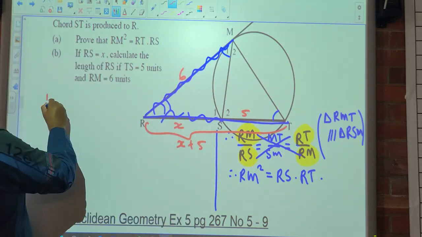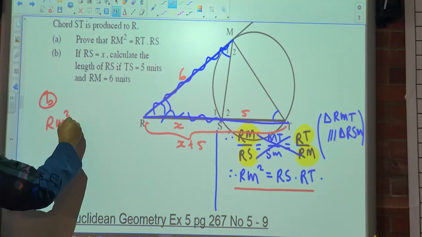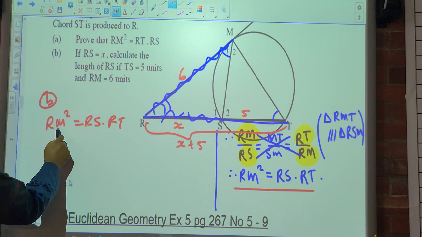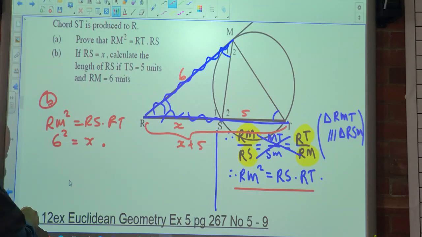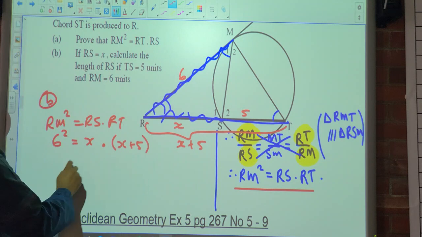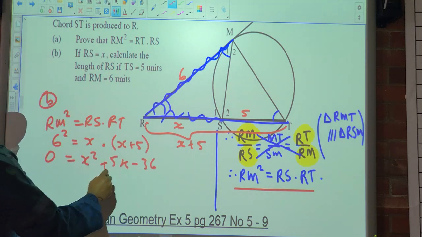Okay. So if we look at this here, we know that RM squared is equal to RS times RT. So RM is 6, 6 squared is equal to x times RT, x plus 5. So it becomes quadratic now. So it's x squared plus 5x minus 36.